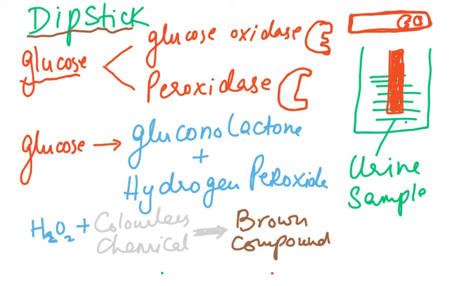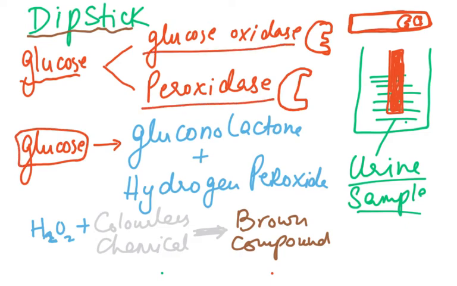We have the urine sample from a patient, and we are dipping it into that. Now when we dip it, the enzyme starts reacting. So if this person's urine contains glucose, then the glucose is going to react with these two enzymes, and it is going to result in the formation of gluconolactone and hydrogen peroxide.